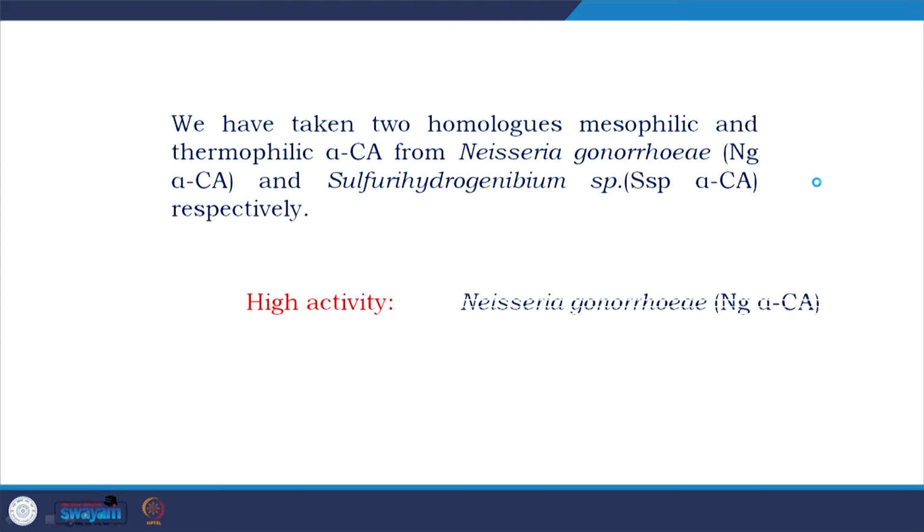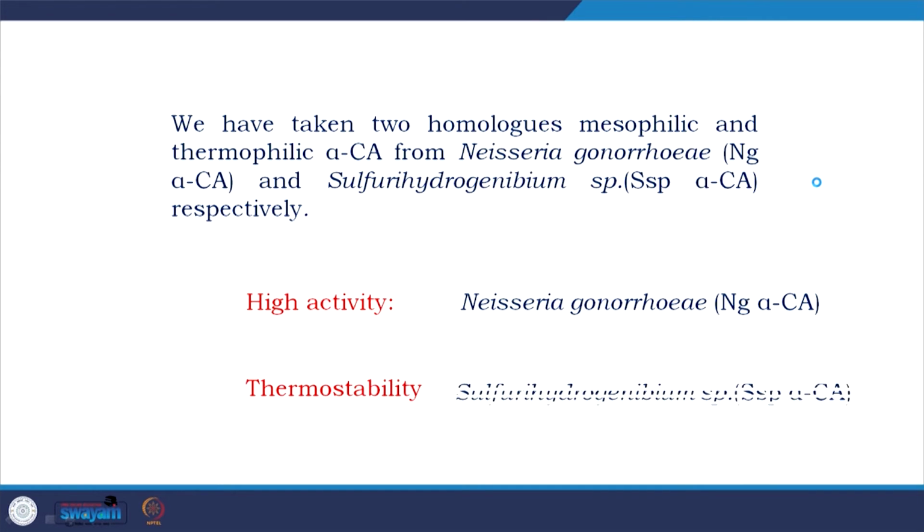So, as I told, high activity Neisseria gonorrhoeae alpha carbonic anhydrase, which we call Ng alpha CA, and thermostable Sulfurihydrogenibium species, which we call SSP alpha CA. We decided we will understand the reasons for thermostability from SSP alpha carbonic anhydrase, and we will use that understanding to engineer Neisseria gonorrhoeae alpha carbonic anhydrase towards thermostability.